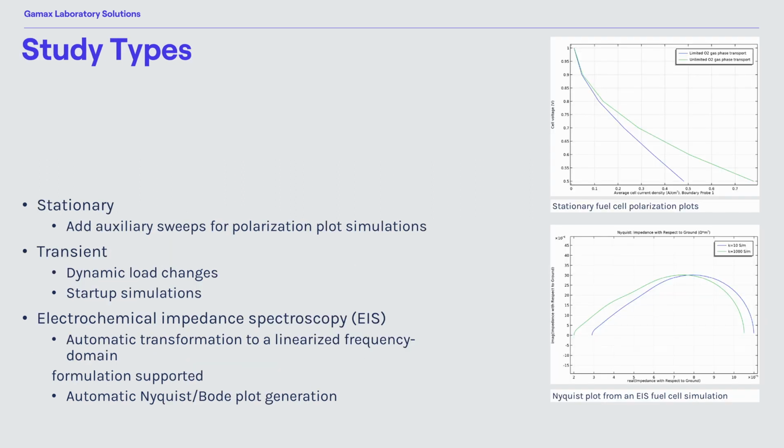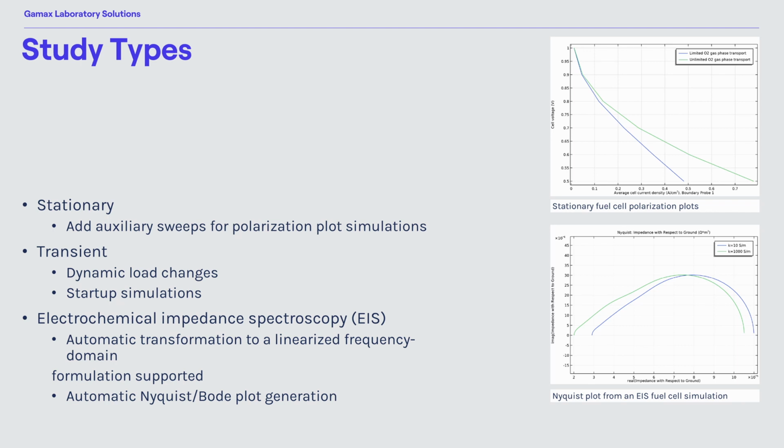Study types: the cheapest, from the computational side, would be a stationary solution. Then you can go for transient, to see how the model of the fuel cell reacts to changes in the load.